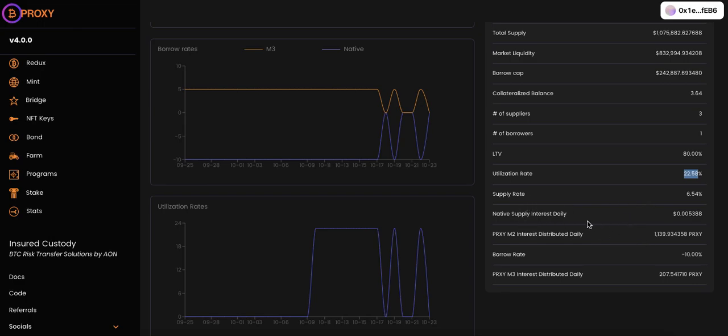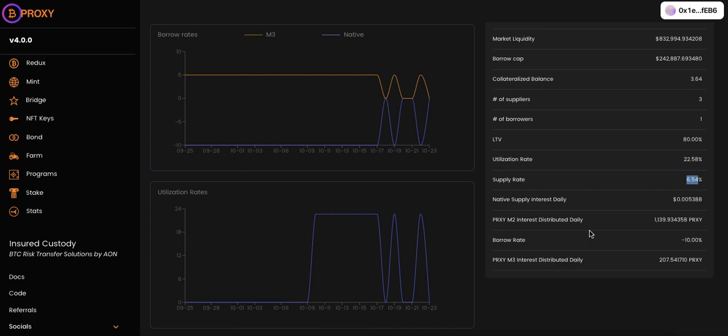The native supply interest rate is shown here as 0.005388. That is actually Bitcoin, so this dollar sign should not be here. That Bitcoin is being paid daily into the pool, and it's coming out to a rate of about 6.54. The M2, or the mode 2 proxy interest, equals about 1,139, and that is being paid to suppliers that wish to get paid in proxy instead of the native interest.